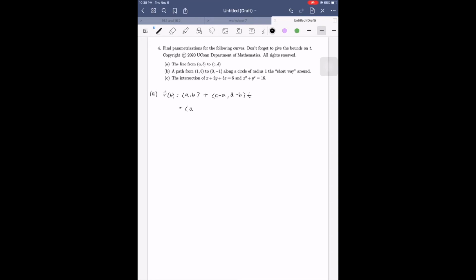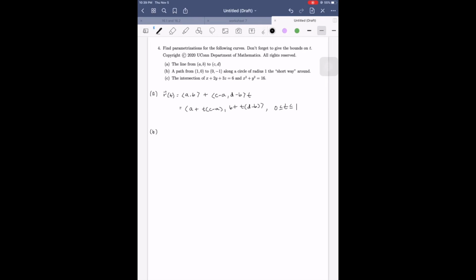Simplified, this is A plus t times C minus A, and B plus t times D minus B. And our bounds on t are between 0 and 1.